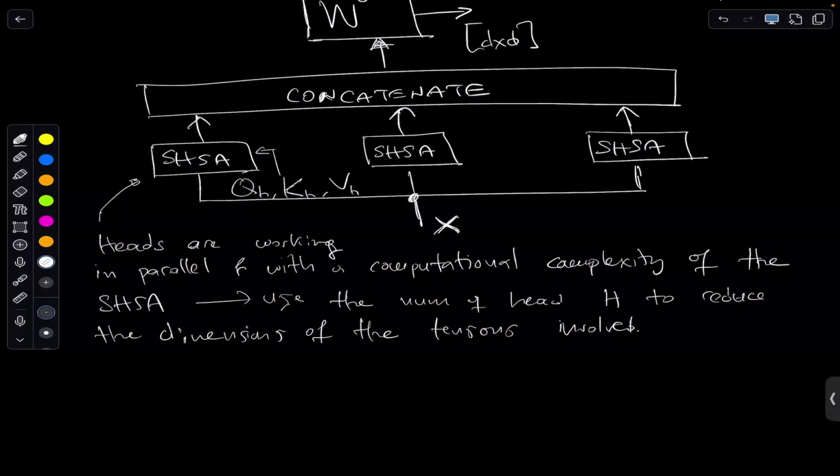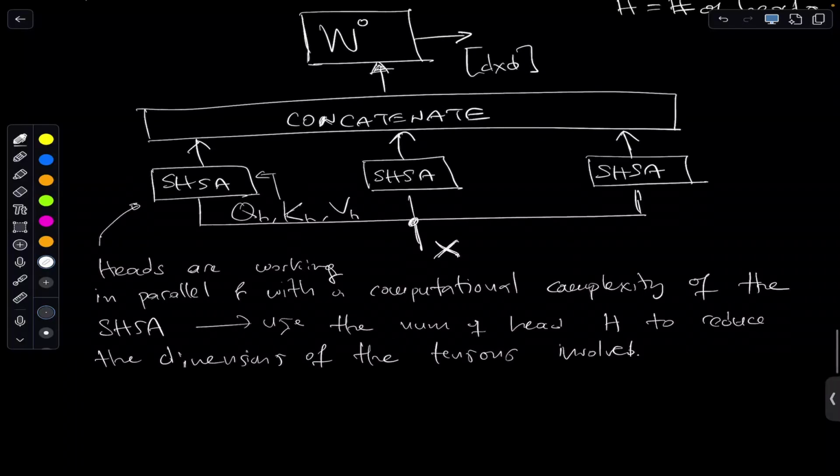So in computer vision, things are a bit more intuitive, but I just want you to understand that from the natural language perspective, you can associate a head with a linguistic pattern.